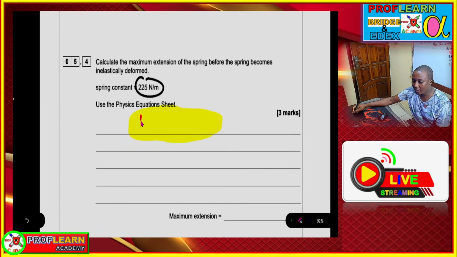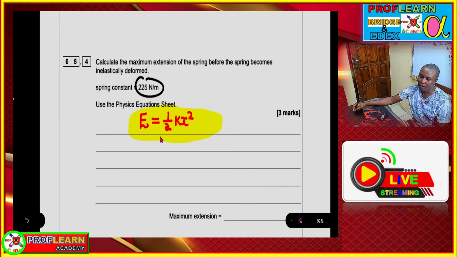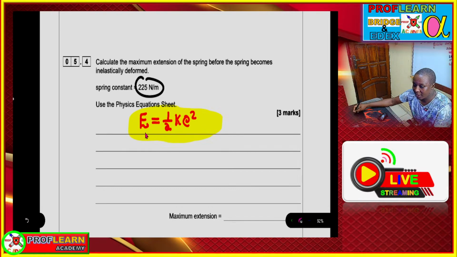Elastic potential energy is going to be a half kx squared, or a half k e squared, where E is the elastic potential energy, k is the spring constant, and e is the extension.